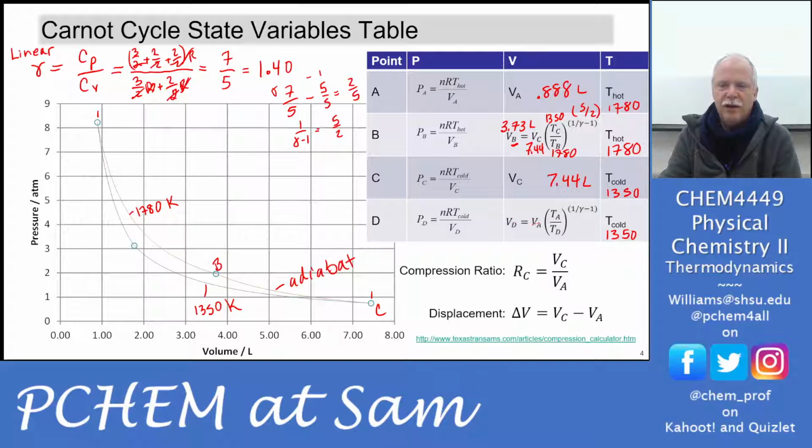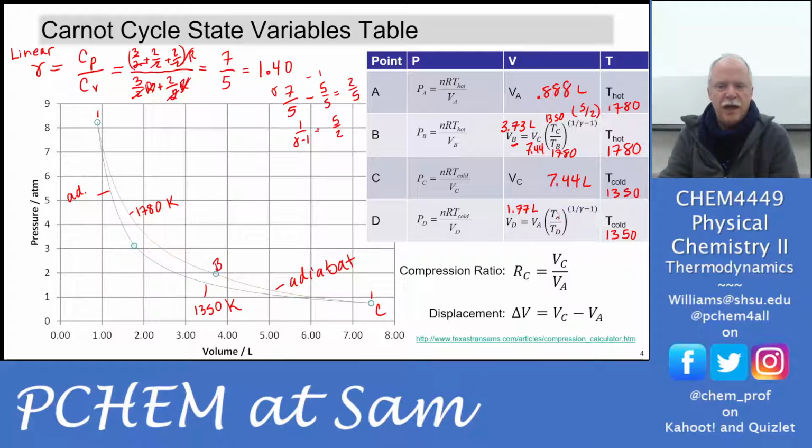Now the volume D is connected to volume A with an adiabat. $1.77? Okay. So let's just put our numbers in here though.